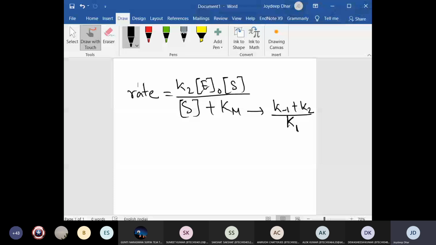So you will not have any free enzyme. Whatever enzyme you initially take will be completely converted into enzyme substrate complex. Then this free enzyme E will not be there. So when substrate amount is large, all the enzyme pocket will be converted into enzyme substrate complex. E naught equals ES.